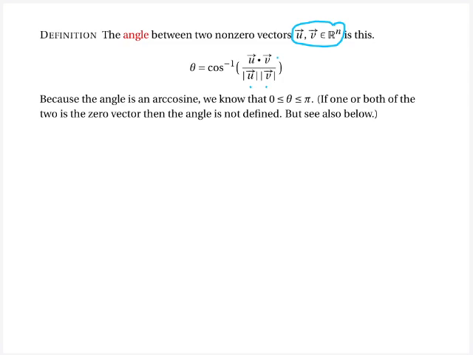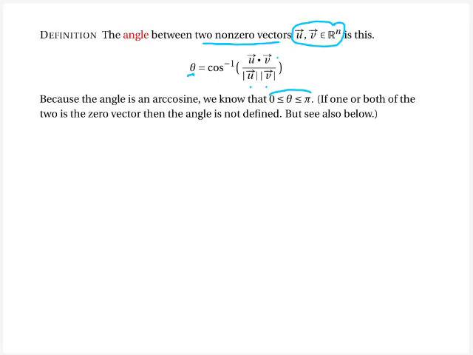Because the angle theta is gotten as an arc cosine, I know that arc cosine returns outputs between 0 and pi inclusive. If one or both of u and v is the zero vector, it does say two non-zero vectors. If one or both of the two is the zero vector, then the angle just isn't defined, but we're going to have a little bit to say below.